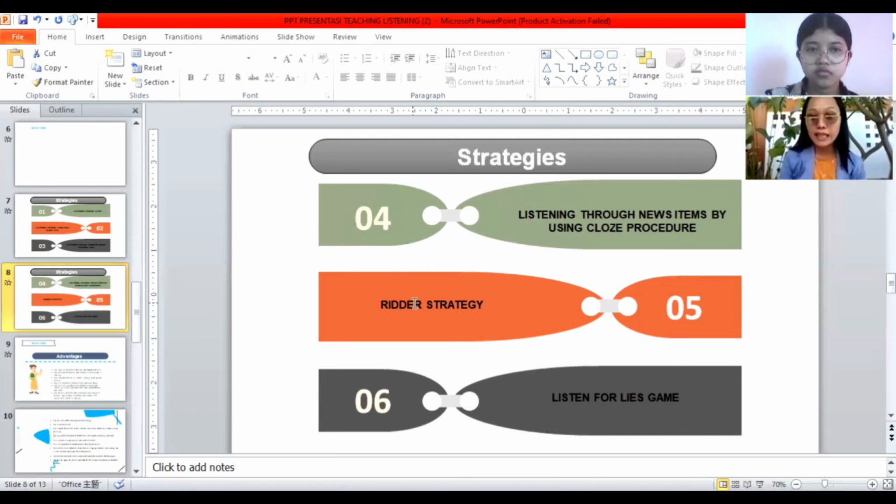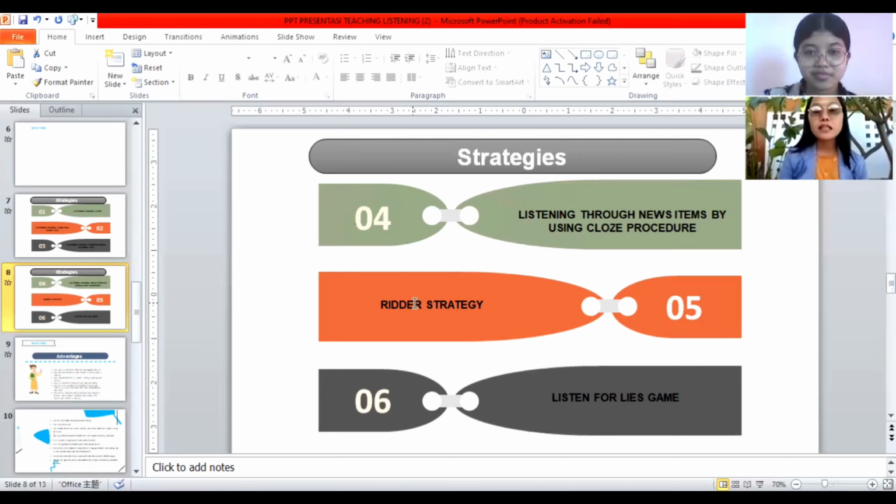Second, in the core activity, the teacher implements a lesson for lies games. And the third one is each student must listen carefully to the story that is played in the form of an audio recording. Fourth, audio recordings can be played more than once if necessary.